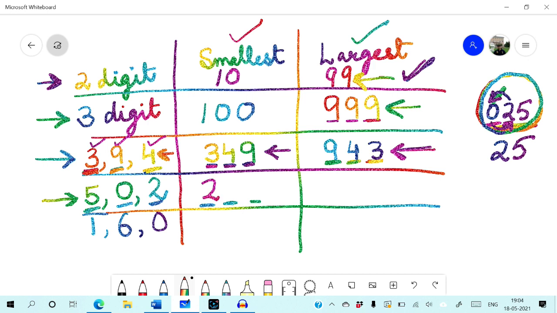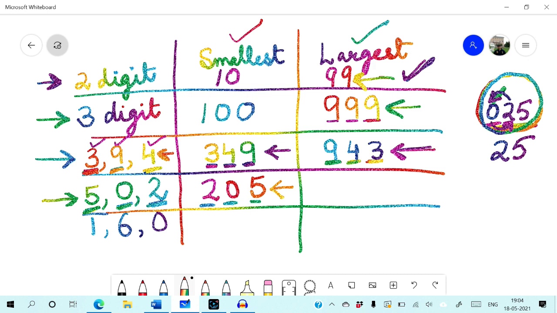So 2 will be here, 0 will be here and 5 will be here. Now we have used 0 and the number is 205. So 205 is the smallest 3-digit number using 5, 0 and 2.